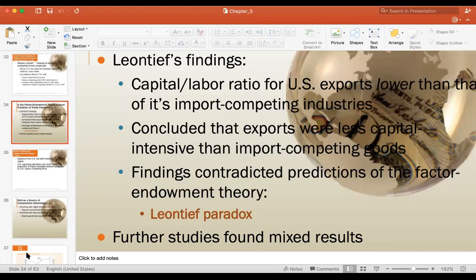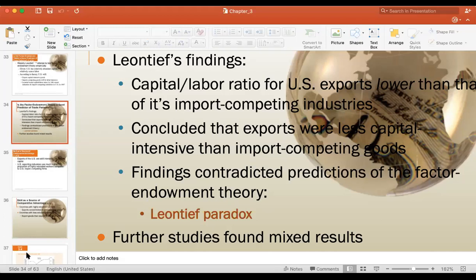Now, Leontief ran the same tests again, but for a different period. So he actually went from 1947 to 1955. And again, he looked at, I think, about 150 industries. And again, he came up with the same conclusion, that the US is exporting labor-intensive goods and importing capital-intensive goods.